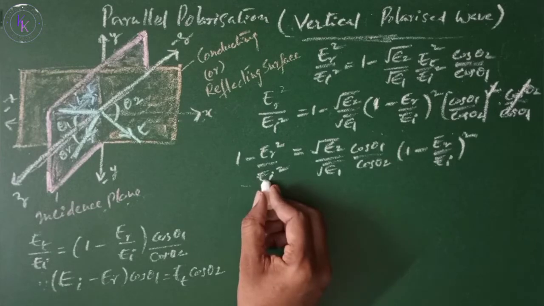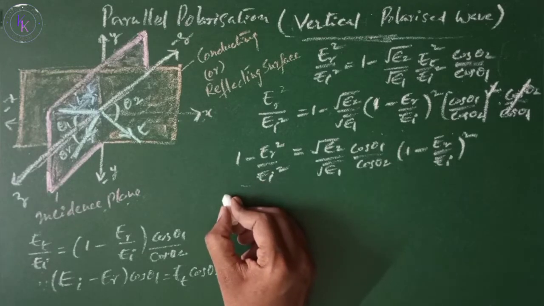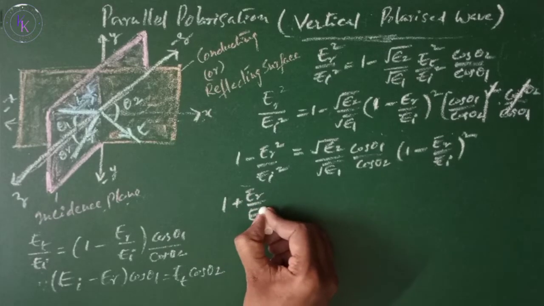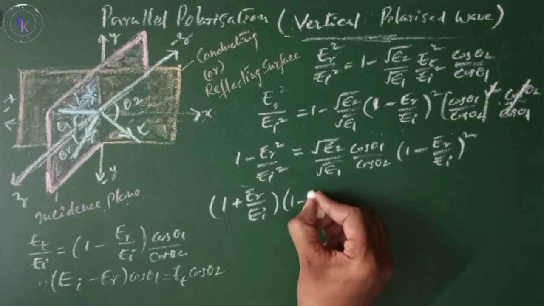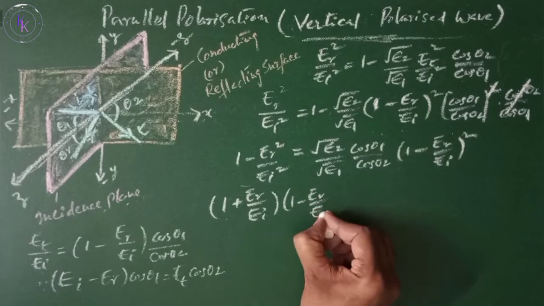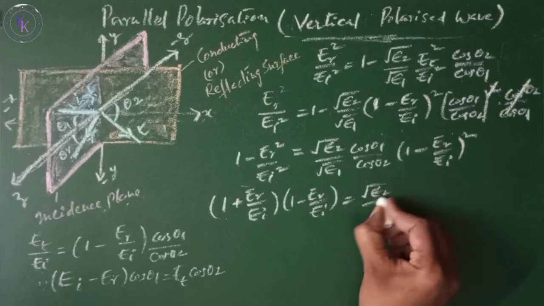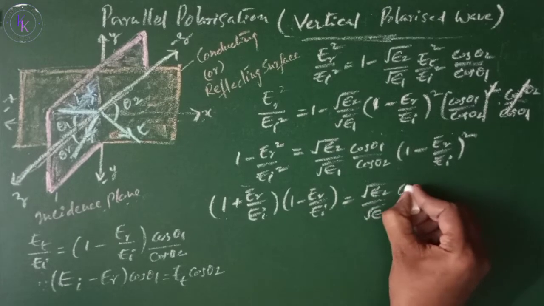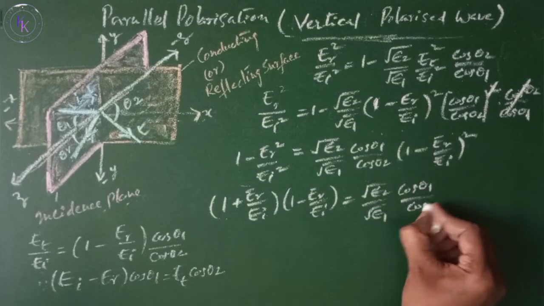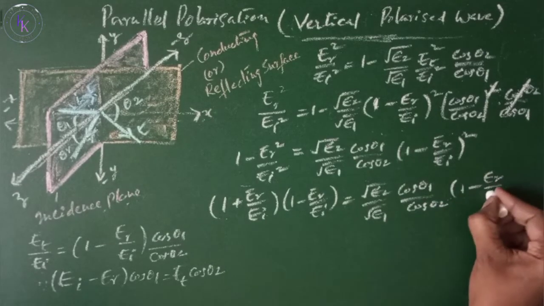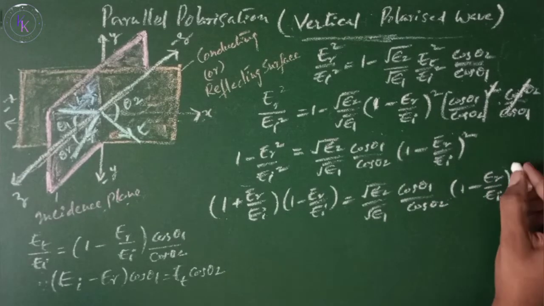This one looks like a square minus b square, so (a plus b) into (a minus b), that is 1 plus Er by Ei multiplied by 1 minus Er by Ei, that equals square root of epsilon 2 divided by square root of epsilon 1, cos theta 1 divided by cos theta 2, again 1 minus Er by Ei square.